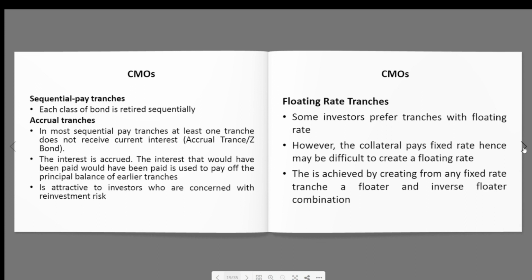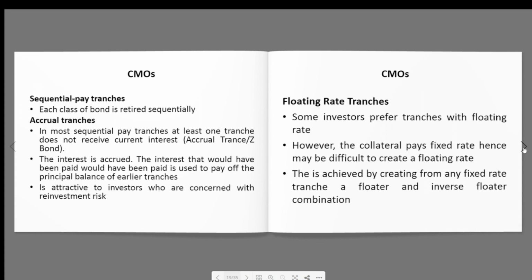The interest that would have been paid is used to pay off the principal balance of earlier tranches. It is attractive to investors who are concerned with reinvestment risk.